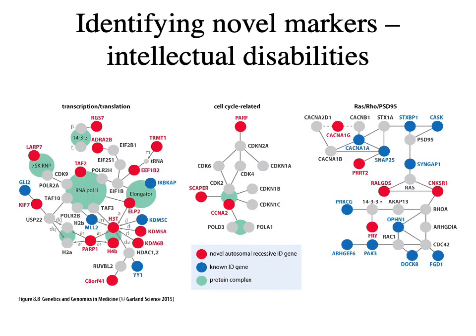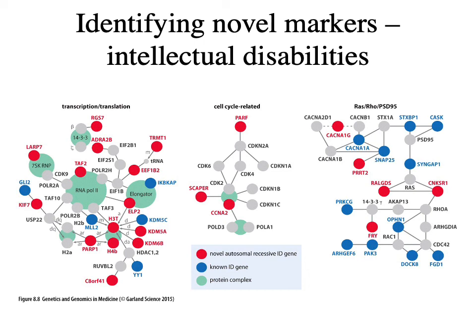In addition to identifying specific genes, pathways of known and novel genes that are involved in a particular process can be identified using next-gen sequencing approaches as well. This picture depicts known and novel genes for intellectual disability that are part of a protein and regulatory network.